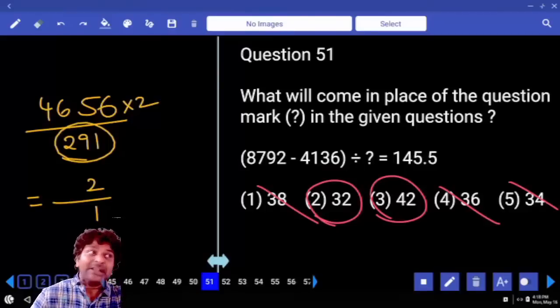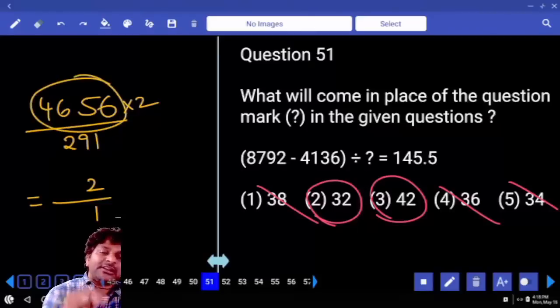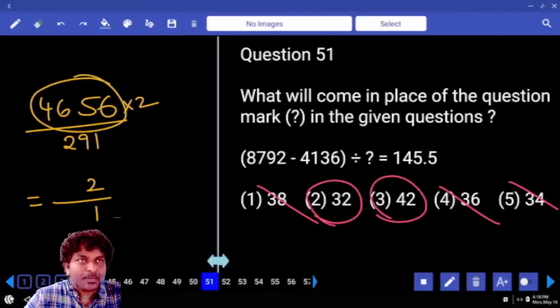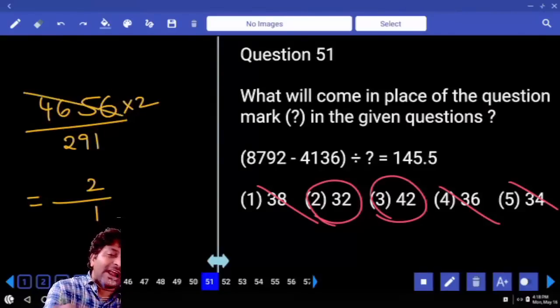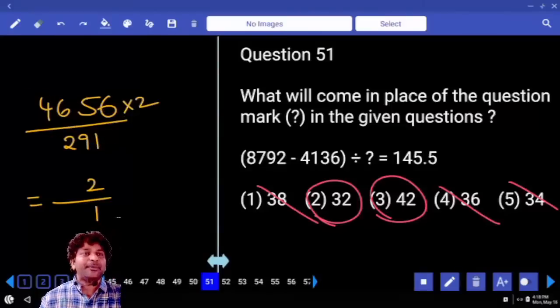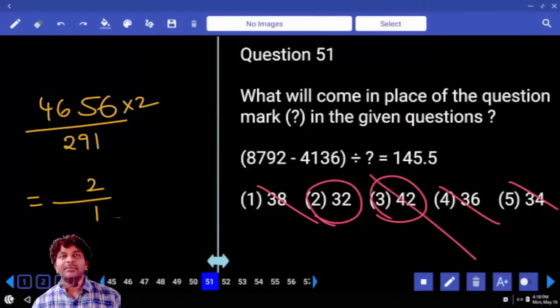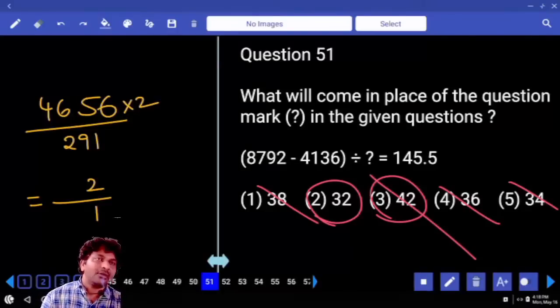Is it a multiple of 9? No. 4656, is it a multiple of 3? Is it a multiple of 9? It is only a multiple of 3, correct? The multiple of 3 in the numerator and denominator gets cancelled. Can your answer be a multiple of 3? 42 eliminated. Followed?